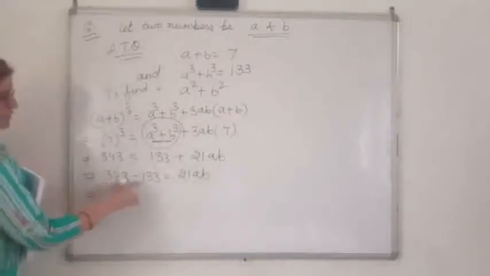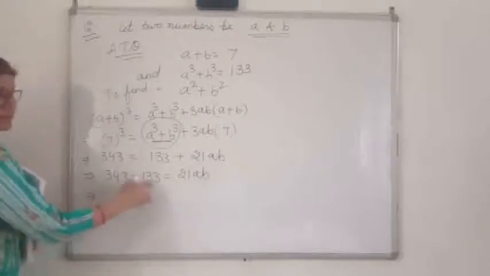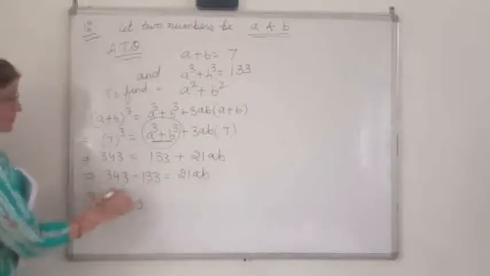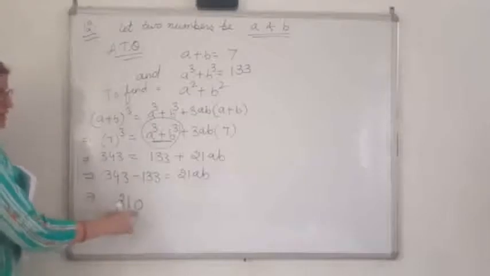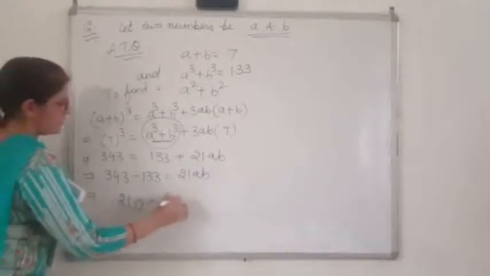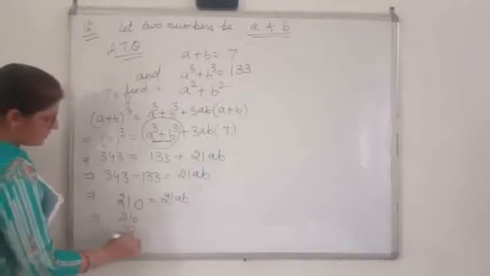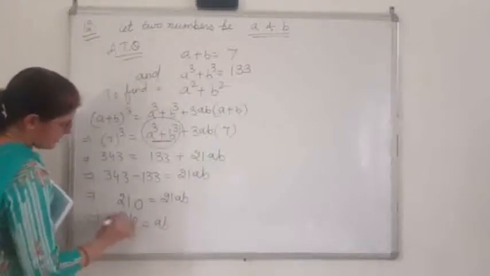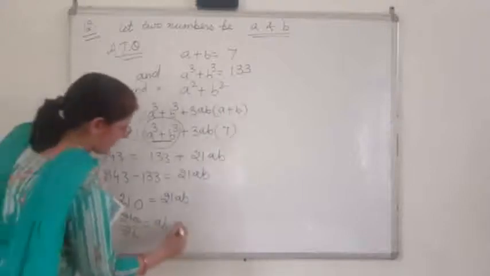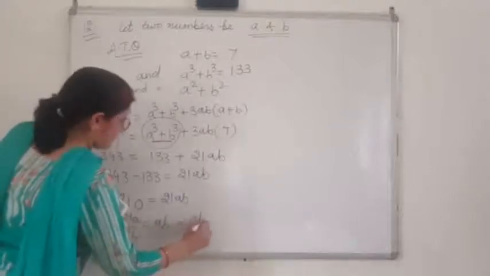We subtract them. 3 minus 3 is 0, 4 minus 3 is 1, 3 minus 1 is 2. So 210 equals 21ab. So 210 upon 21 equals ab. So the value of ab is 10.